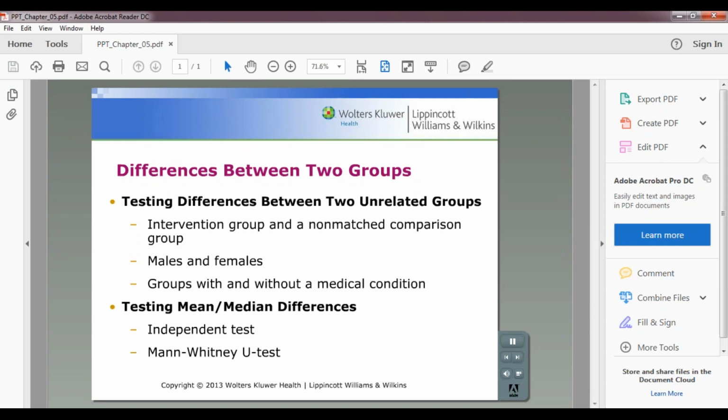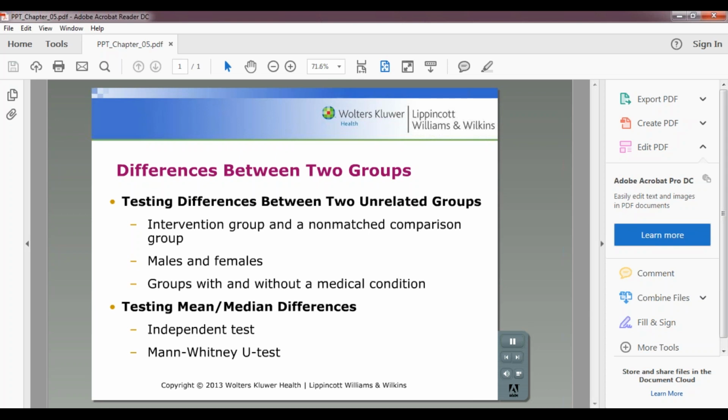Another way to distinguish between two groups is to use a grouping variable that's dichotomous, for example, males and females. To be more specific, we can look at other ways of splitting groups, like groups with or without a medical condition, and that would be a dichotomous variable again.